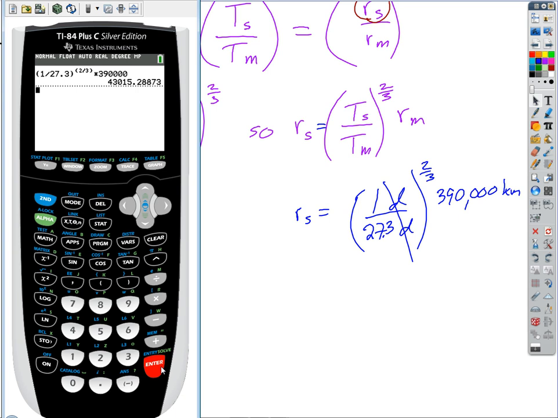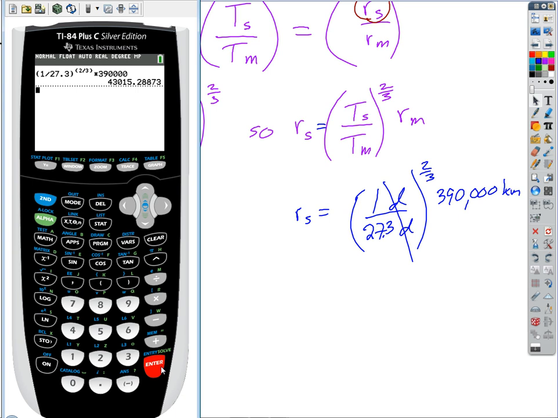So according to this calculation, the distance between the center of the Earth and a geosynchronous satellite has to be 43,015 kilometers. And the radius of the Earth is just a little more than 6,000 kilometers. So it's roughly 37,000 kilometers above the surface of the Earth. It's pretty high.